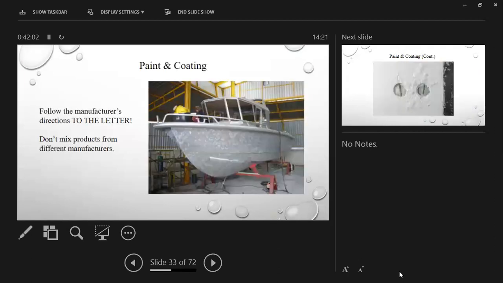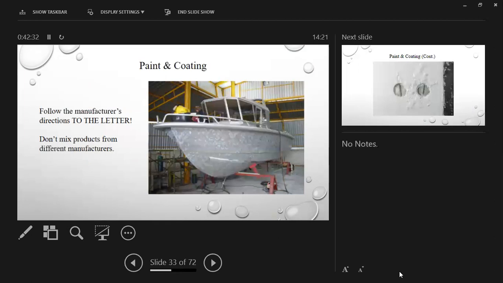Paints and coatings don't do much to protect you against straight current corrosion or regular galvanic corrosion. Things to remember with coatings, though, is always follow the manufacturer's recommendations to the letter. I can't tell you how many surveys I've seen where the coating fights between owners and yards where they didn't follow the directions on the can.